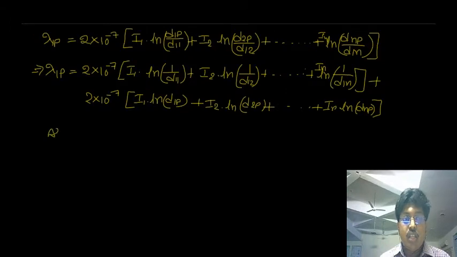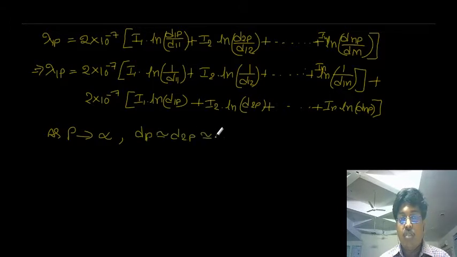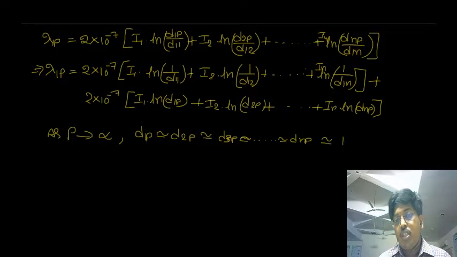That is, as P approaches infinity, D1P is approximately equal to D2P, approximately equal to DNP, and so on for all the distances. I assume this as D, small d equivalent to D.